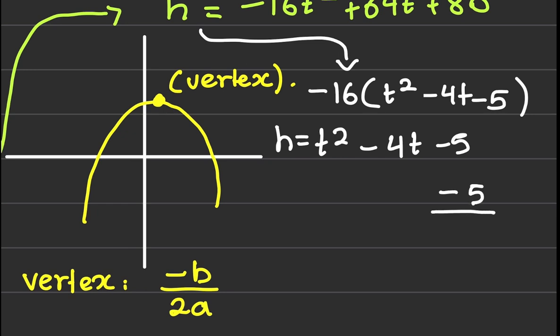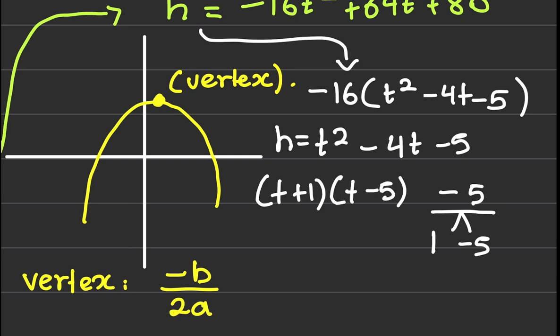Let's find two values that multiply to get negative 5 and add up to get negative 4. So we have, let's see, 1 and negative 5. Let's see if that would work. Yep, that works. So that's t plus 1 and t minus 5. And we know that it's always equated to 0.